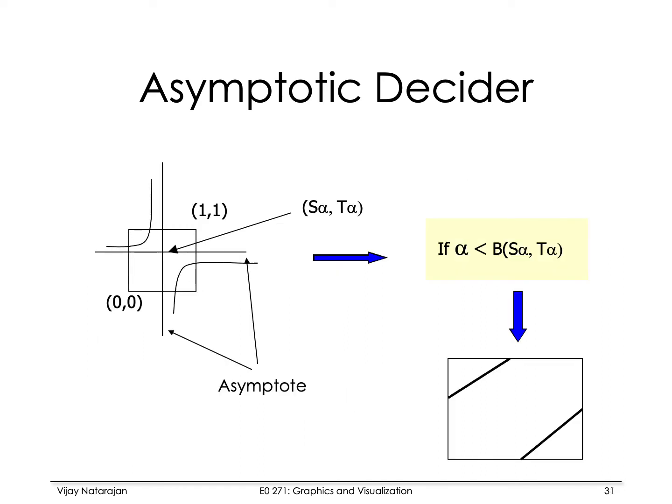So before going there, let's look at this asymptote, and let's say that the asymptote corresponds to a particular S and T value. So we compare the value at the asymptote with the value that is given to us, which is alpha. Now comparing these two, we can decide how to connect the isopoints.